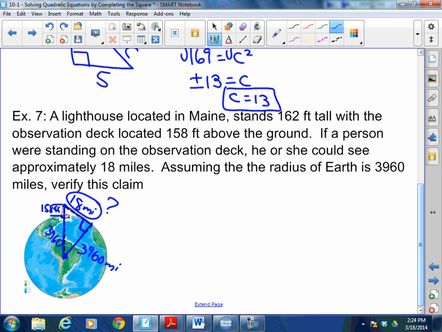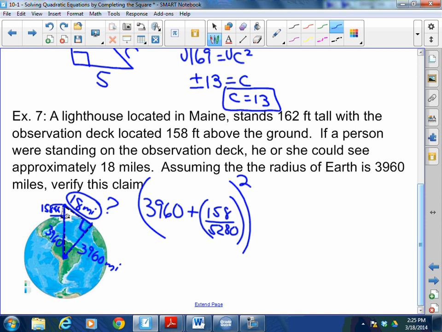So, my hypotenuse is 3,960 miles plus 158 feet. How do I turn that into miles? 158 over 5,280. Because there are 5,280 feet in 1 mile. So that is my hypotenuse, which I square.